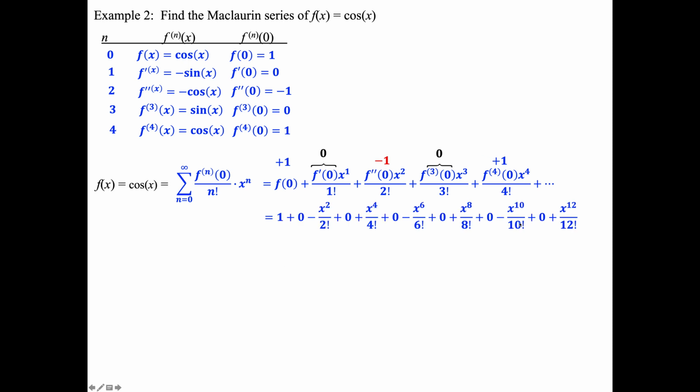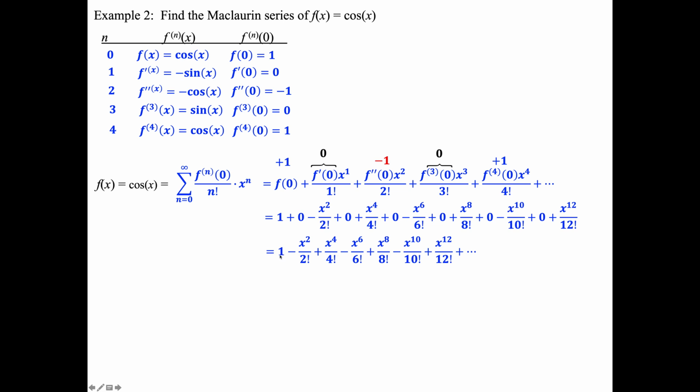So this is what I see as my series if I were to write this out with some more terms. 1, then plus the 0, minus x squared over 2 factorial plus the 0, plus x to the fourth over 4 factorial plus the 0, minus x to the 6th over 6 factorial plus 0, plus x to the 8th over 8 factorial, and so on and so forth. And there are those alternating signs taking place.